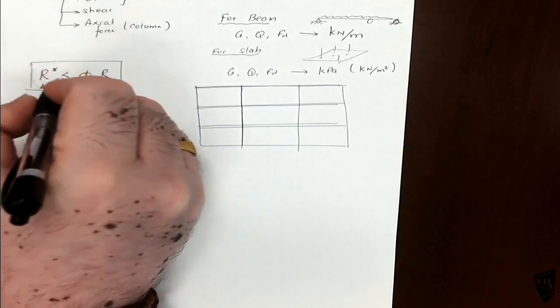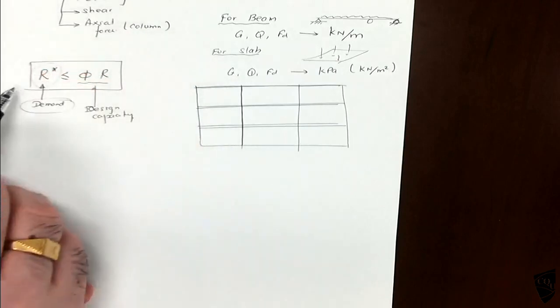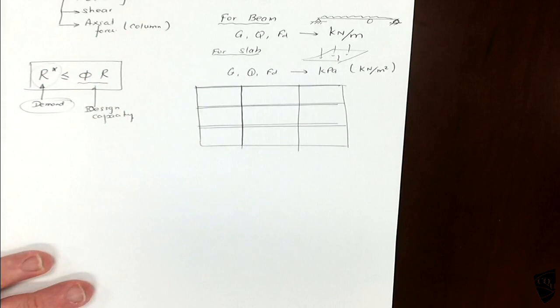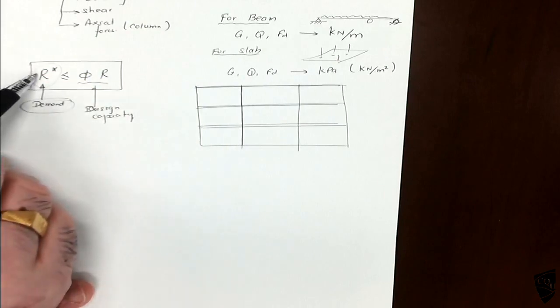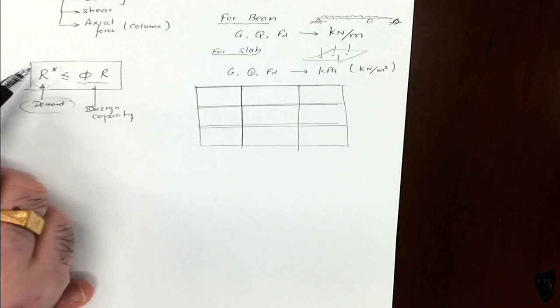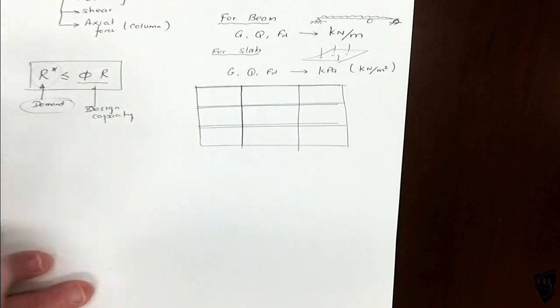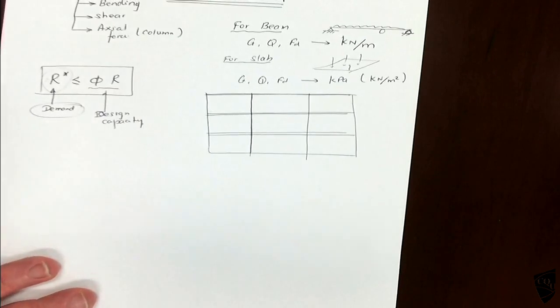If I know the maximum bending moment, then only can we do some checks, or the maximum shear force. The R can be anything. So this is the maximum demand: maximum bending moment, maximum shear force, maximum axial force, whatever.